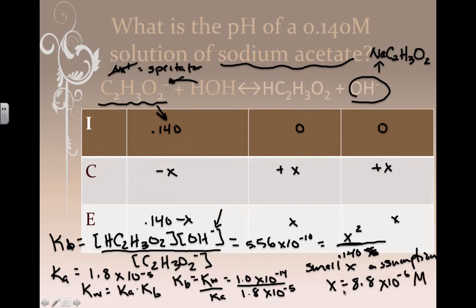Now let's do the pH, because pH is not the same as pOH. This x is equal to the hydroxide ion concentration. So my easiest way to get the pH is to first start with the pOH. pOH is going to be the negative log of the hydroxide ion concentration, or the negative log of x.